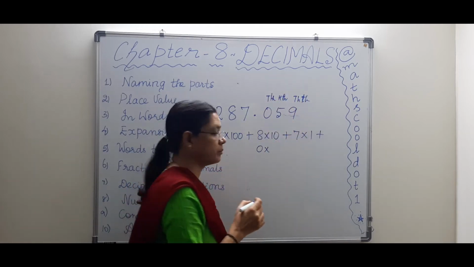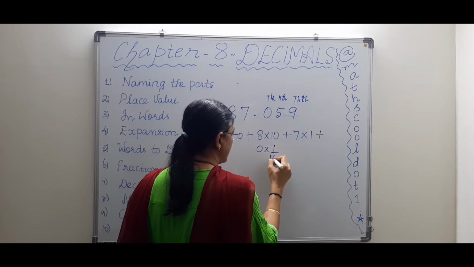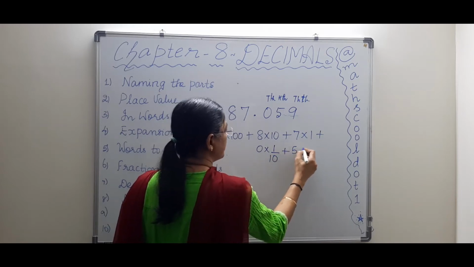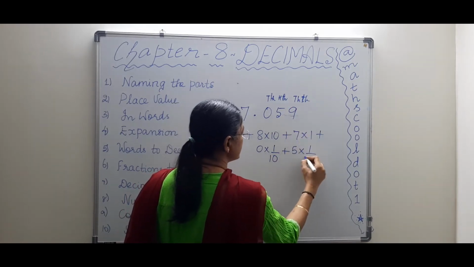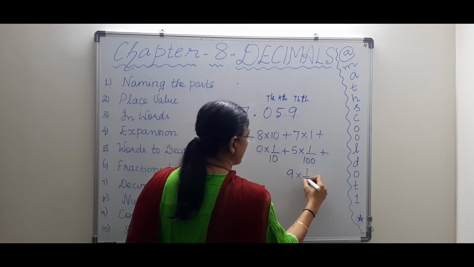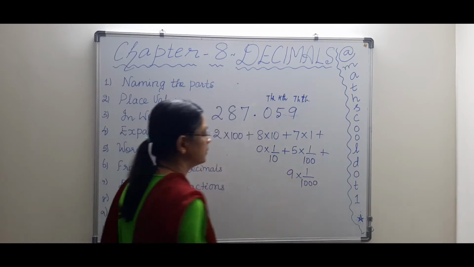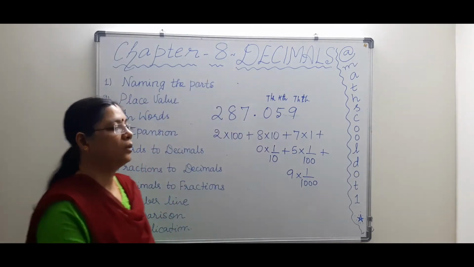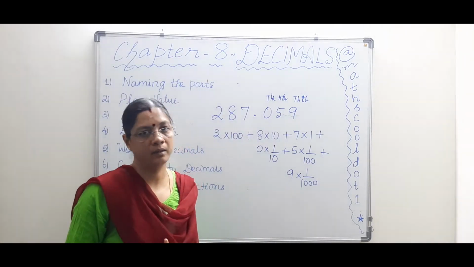So 0 into 1 by 10 plus 10th place, 100th place is written as 5 into 1 by 100 plus 9 is written as 9 into 1 by 1000. So this is how we expand the decimal numbers.